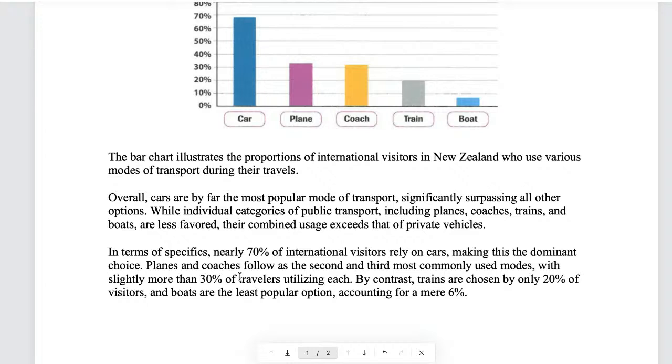As the second and third. Do you know second and third? Yeah. Hạng 2, hạng 3 các bạn. Okay. As the second and third, most commonly used most.